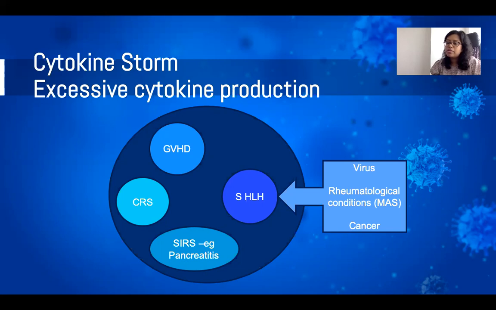It can be associated with viral triggers, particularly the Epstein-Barr virus, and hematological malignancies, such as lymphomas, and rheumatological conditions can trigger it, such as Still's. MAS stands for macrophage activation syndrome, which is what HLH is called in the context of an autoimmune driver. The primary HLH, or hemophagocytic lymphohistiocytosis, is mainly found in children with genetic abnormalities.